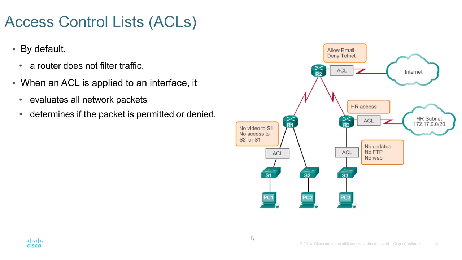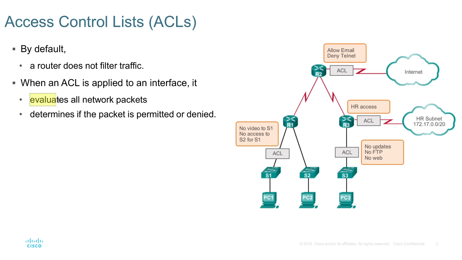So access control lists are basically a set of rules that we can apply across the router interfaces, and say what type of traffic or what packets will be allowed.